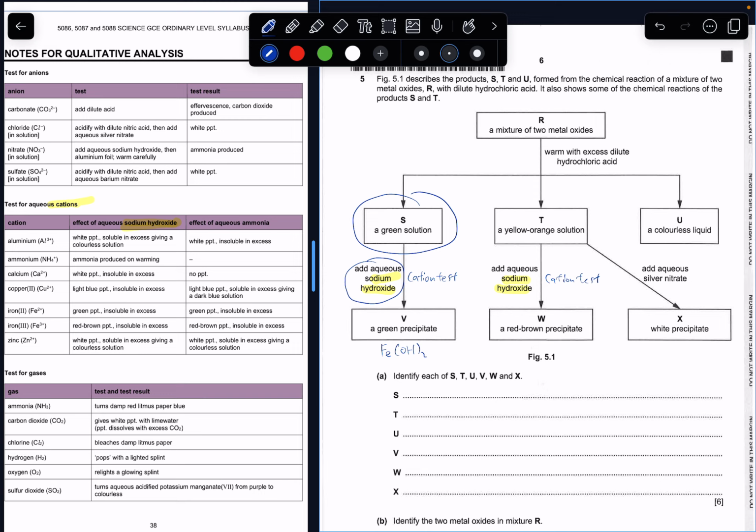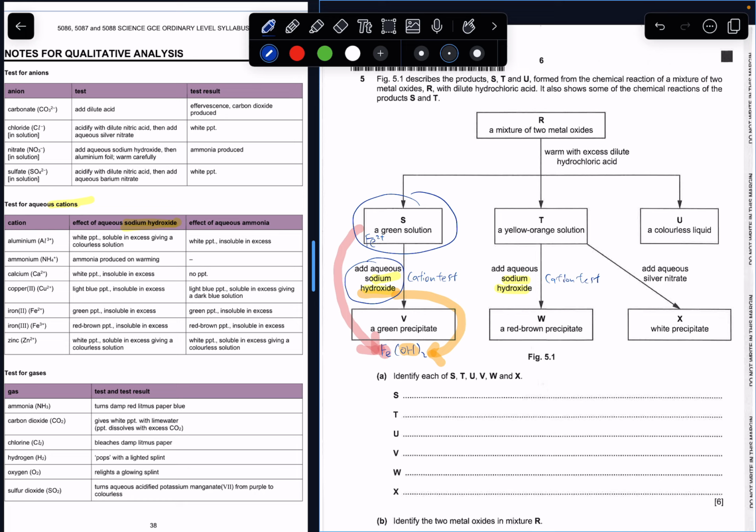You see sodium hydroxide, this is hydroxide, the one in orange, so the hydroxide came from here. Then where do you think the Fe2+ ion came from? Must be from S, right? That means I know that this thing has Fe2+. That's what I know so far.